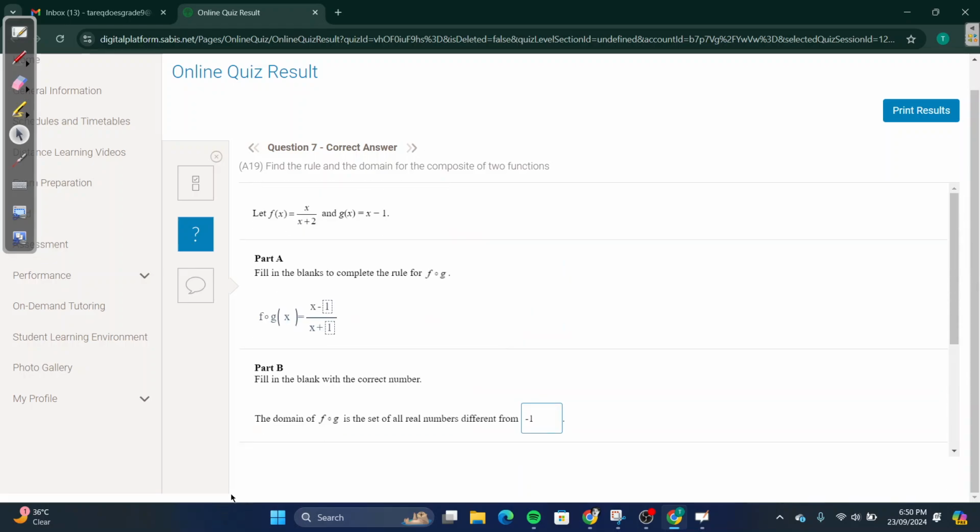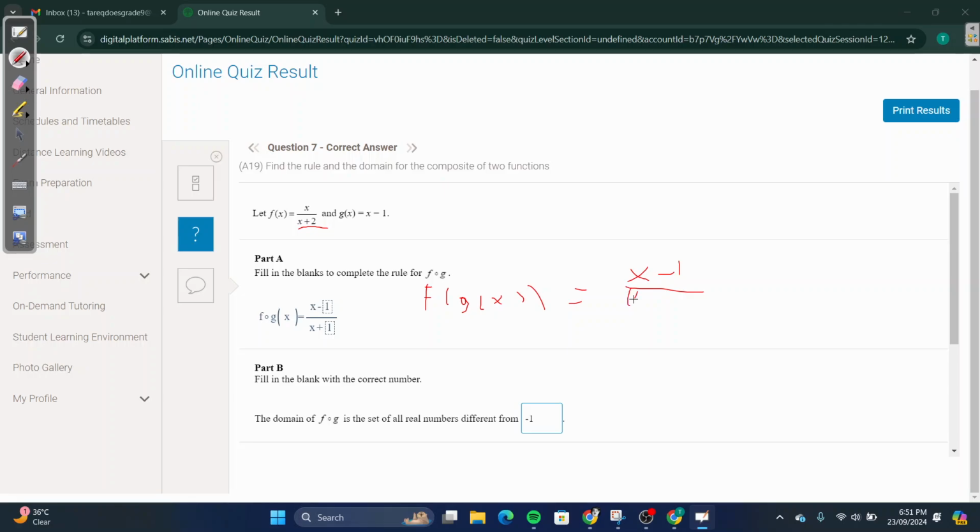Okay. Part A, fill in the blanks, complete the rule for f of g. By the way, don't write it like this. I don't like writing it like this, it's kind of confusing for some people. F of g, so f of g of x. Substitute x minus 1 on both sides: x minus 1 over x minus 1 plus 2.